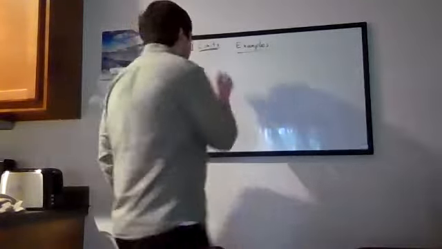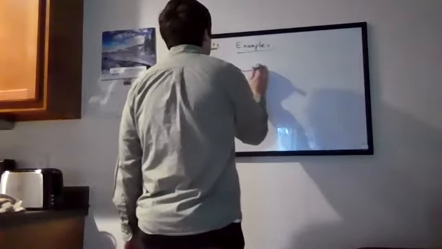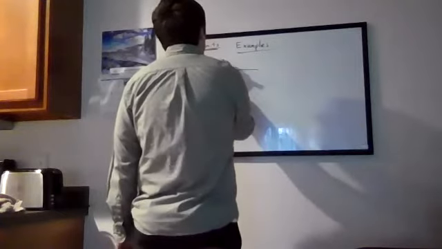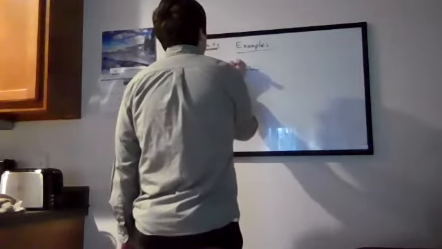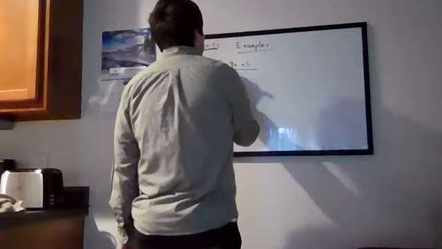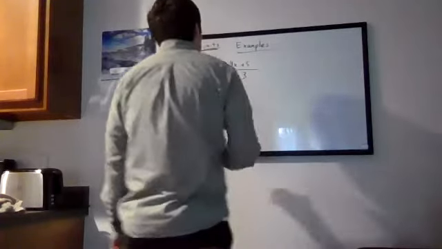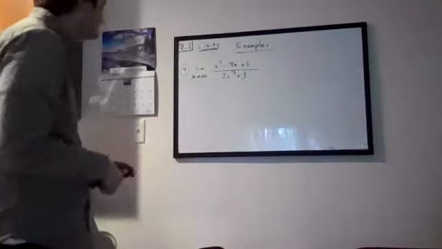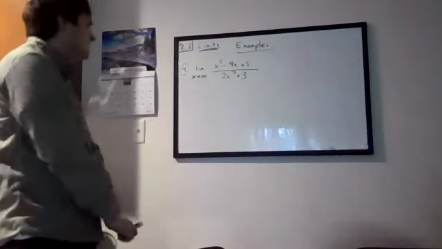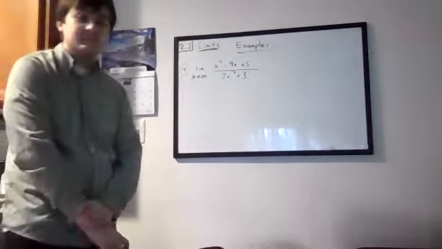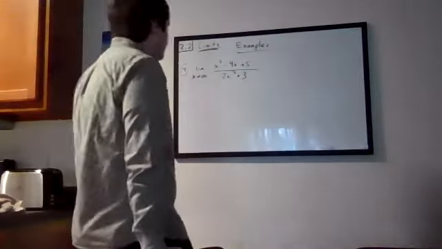Let's get an example problem out, right? So we're gonna have the limit as x approaches infinity of x squared minus 4x plus 5 over 2x squared plus 3. Okay. So let's see. I could try to plug in infinity, I guess, but that's not really going to get us too far.